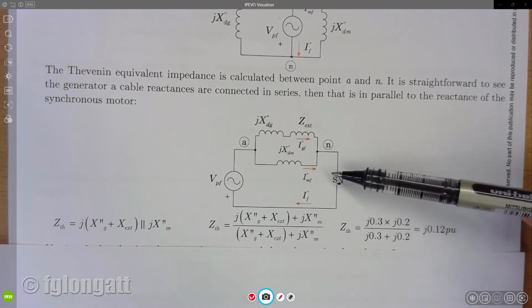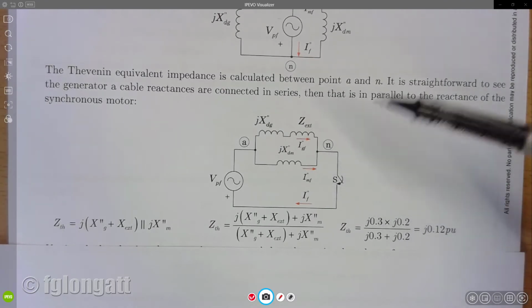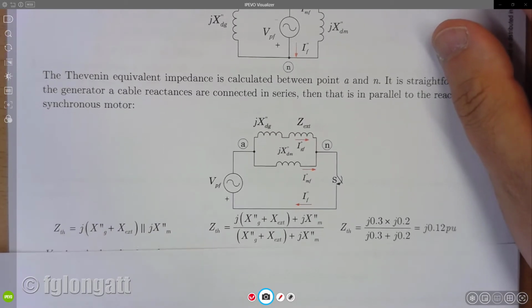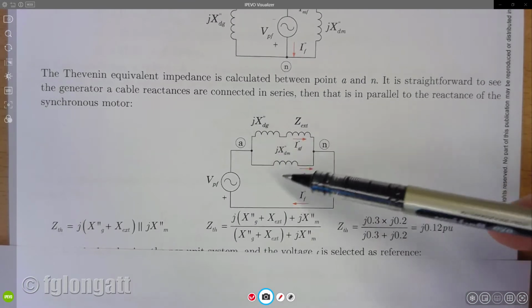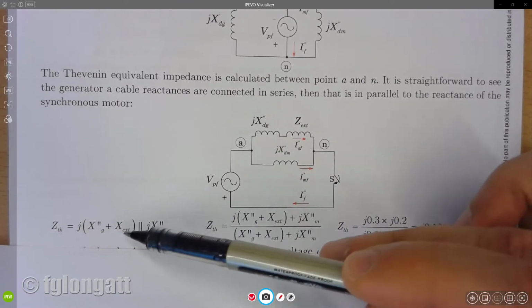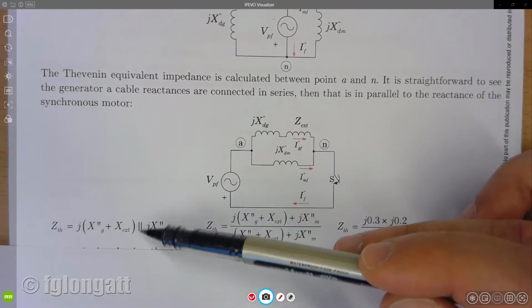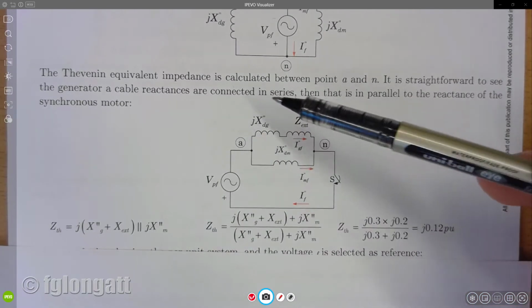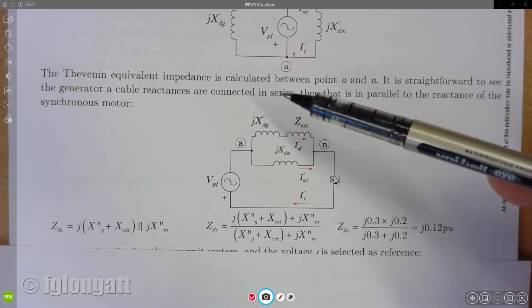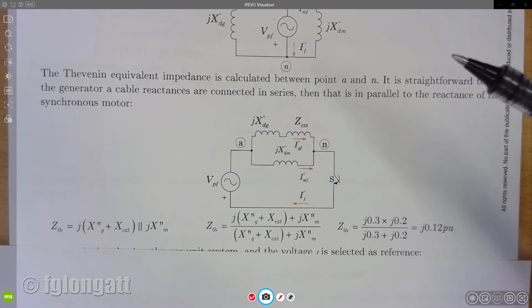For Thevenin calculations, what I need to do is open here and calculate the Thevenin impedance. And I believe you can see that this is the motor sub-transient reactance, and they are in parallel. You can see this is the symbol for parallel, to the series connection between the generator and the cable, in series in parallel to the motor.